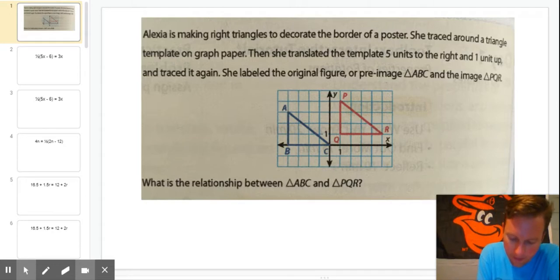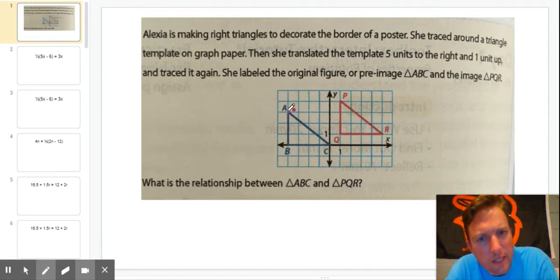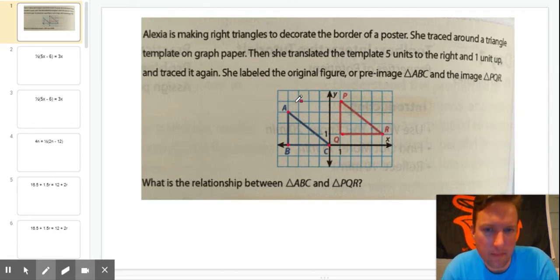First, we can look at this and ask, what line segments here would be equal? These are our points A, B, and C, so we can use these points of our triangle when we are describing them. And here we have points P, Q, and R. So for example, this line AB, can you find the corresponding or congruent line in this triangle?